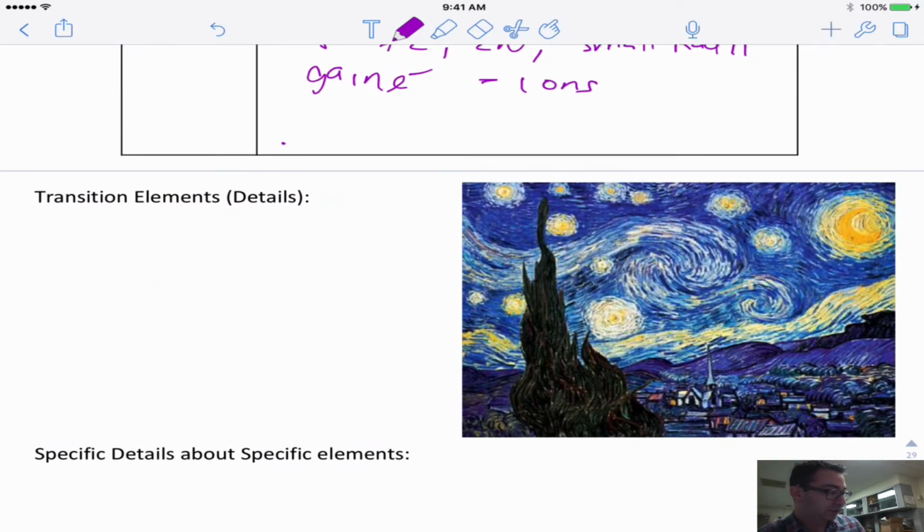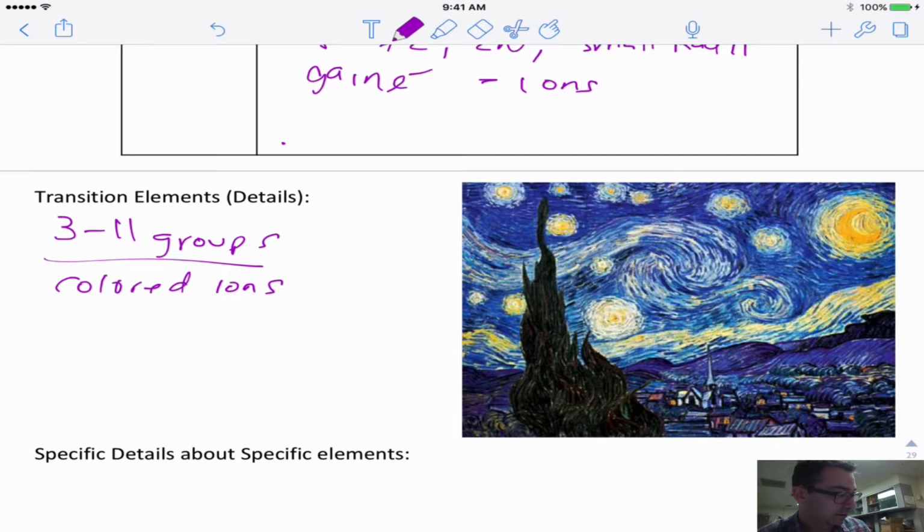So transition metals or transition elements, these are elements that have groups 3 through 11 on the periodic table. One interesting fact about them is that they form colored ions in solution.